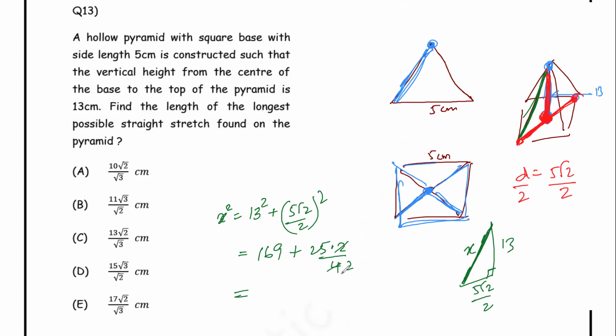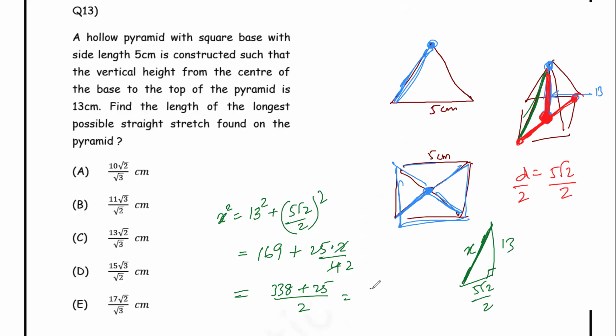So 2 and 2 go. So we have 169 and 50 upon 4... sorry, 170 and 170, 340. So 338 plus 25 upon 2.